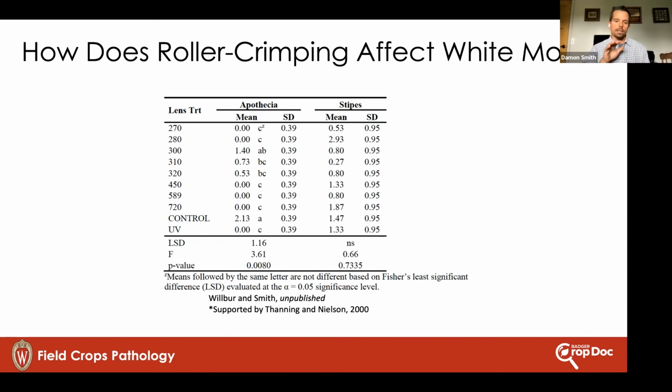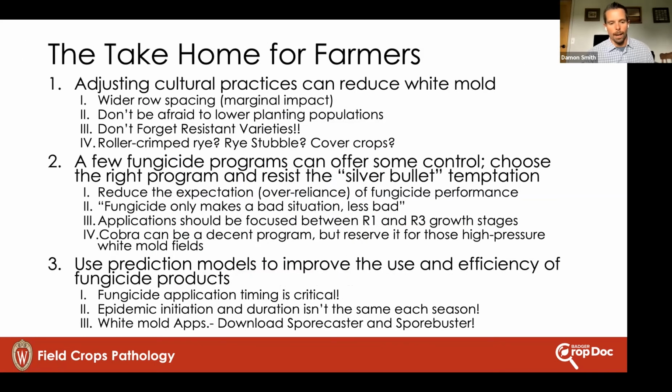And so the thought process is that by adding that mat, we're changing the light scenario such that the mushrooms can't even form at all underneath that mat. So a lot of work being done here. We have some research plots this year, as well as some on-farm work trying to follow up on that.